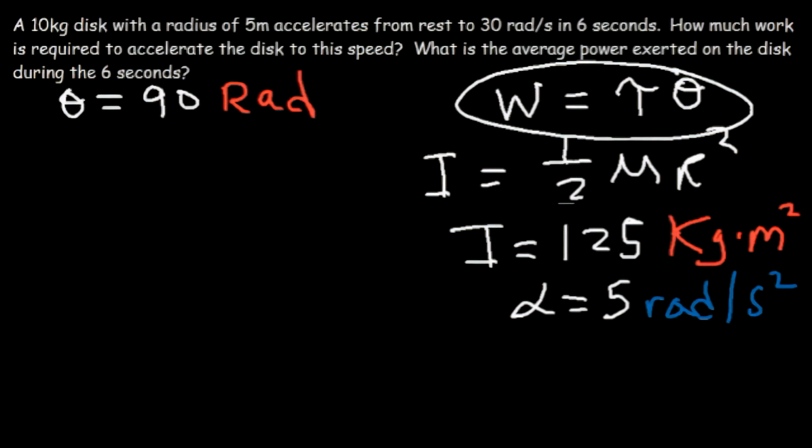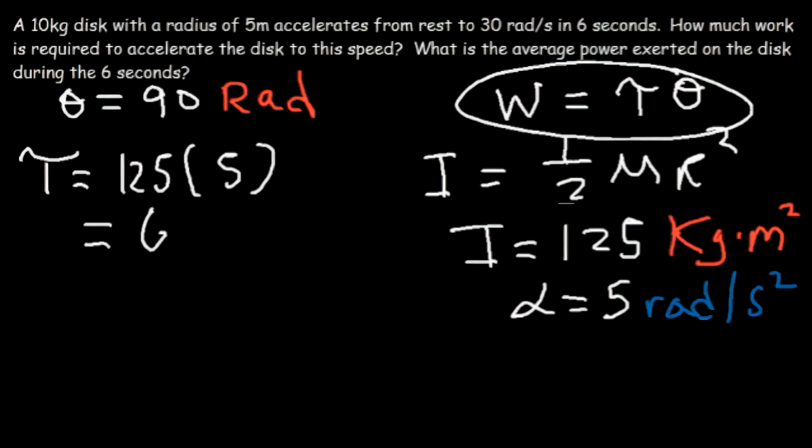So therefore, the torque, which is inertia times the alpha or angular acceleration, that's 125 times 5. And that's going to be 625 newtons times meters.